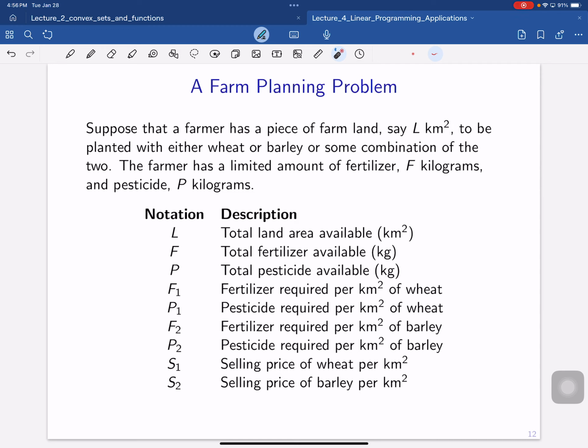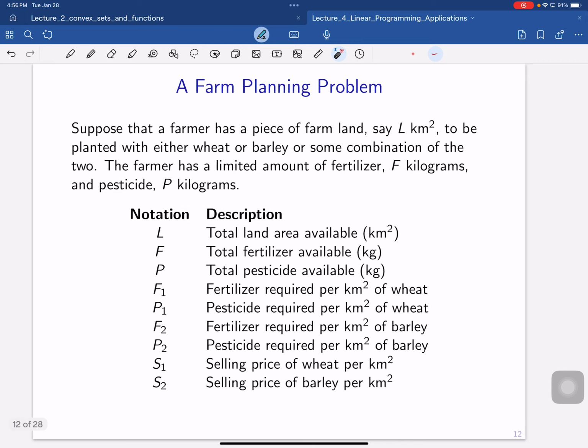The farmer has a limited amount of fertilizer as well, F kilograms, and pesticide, right? So you have 3 different resources: land, fertilizer, and pesticide, right? And then you have 2 products to make, which is wheat and barley. At the end of the day, you want to maximize the profit by making these 2 types of products.